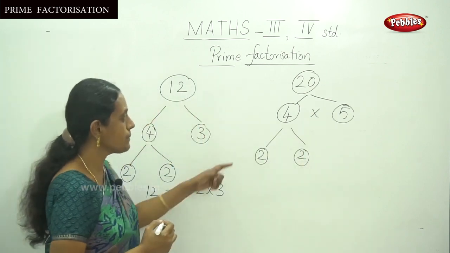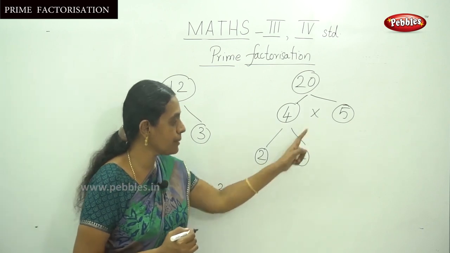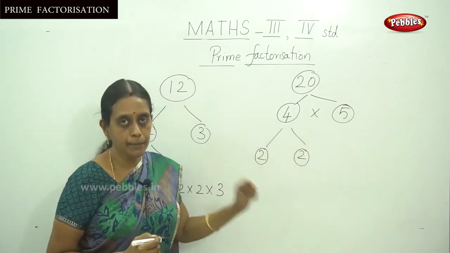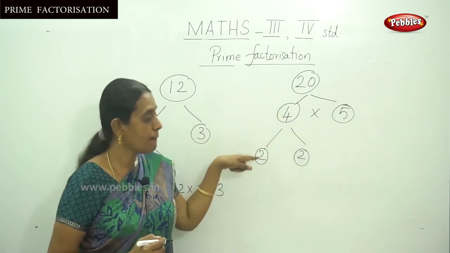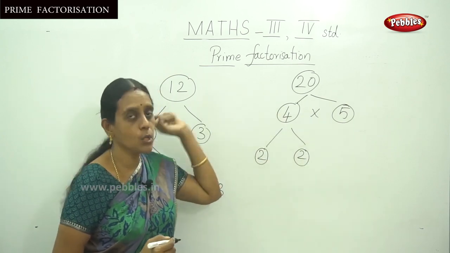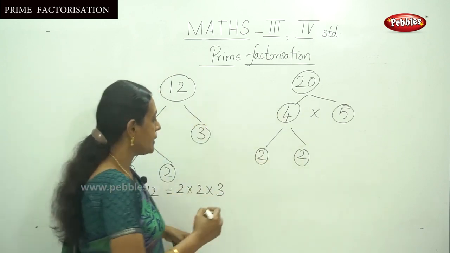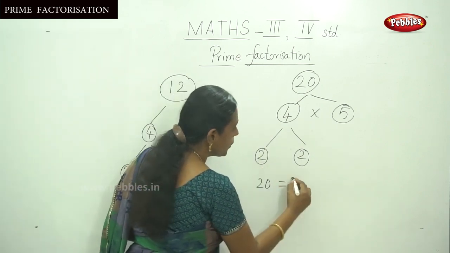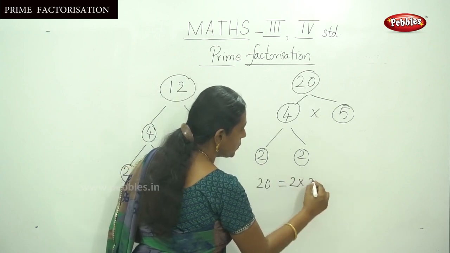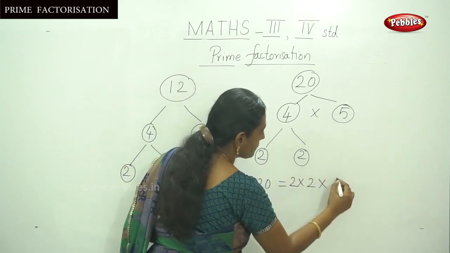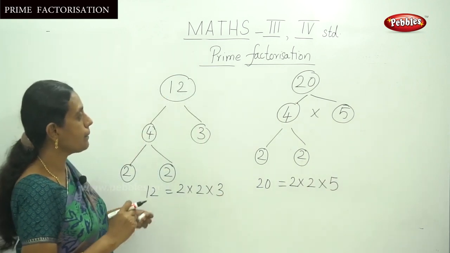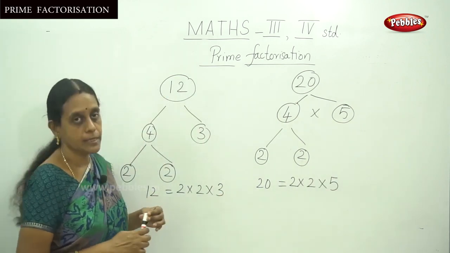So this is the factorization method using prime numbers. Here 2, 2 and 5, these three numbers are prime numbers. Factorization using prime numbers is called prime factorization. Write down the prime factorization: 20 is equal to 2 into 2 into 5. This is called the prime factorization method.